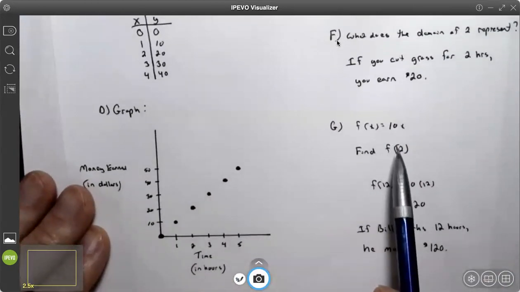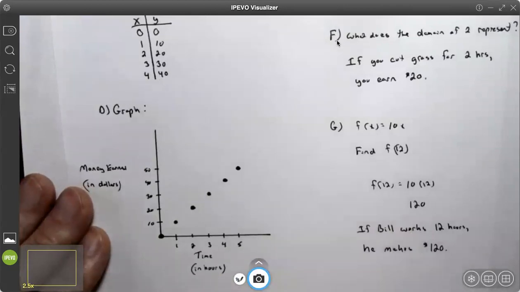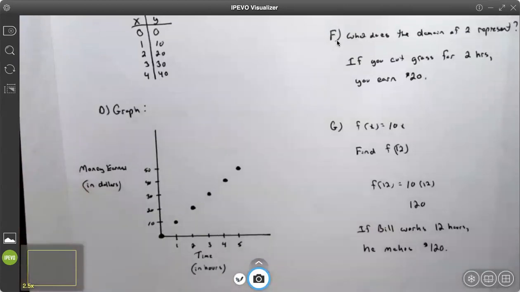And then we worked out some different function situations where he works 12 hours, how much does he make? 120. If he works 10 hours, how much will he make? Well, 10 times 10, he'll make $100. So that was a couple of real life function situations for you. Thank you.